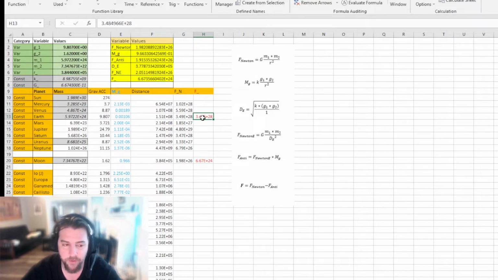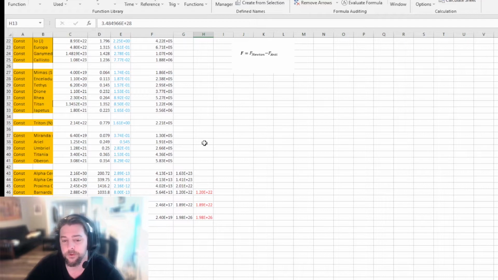It's still not bad. I mean, 10%, even 1% isn't the worst. But the problem is when we get down to galactic level, like here are two stars acting on each other. And as you can see, the force is negligible. It's not the same. I know it rounded it off to be the same.